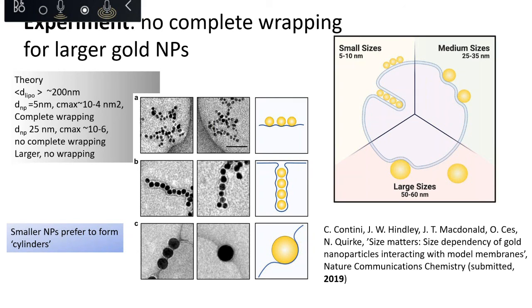And we find that for small gold nanoparticles, 5 nanometers, we expect complete wrapping, but for 25 nanometers, we don't expect it. And we also would predict that the nanoparticles are likely to form up into cylindrical shapes because that produces a much smaller critical diameter. If we compare those predictions to experiment, that's exactly what is seen.